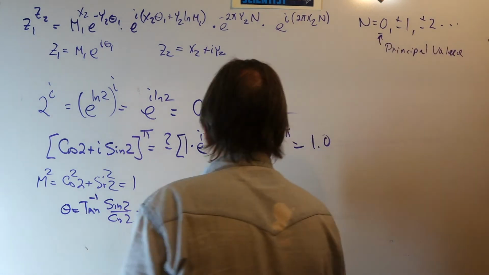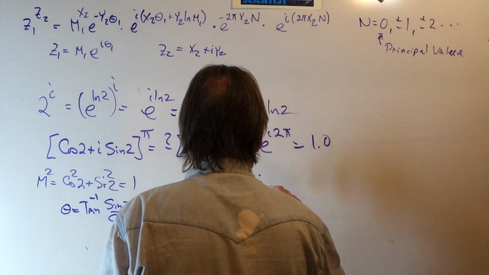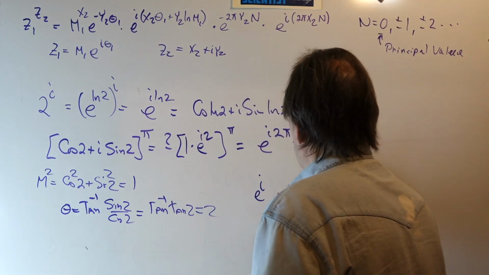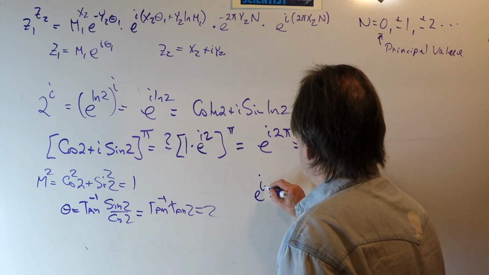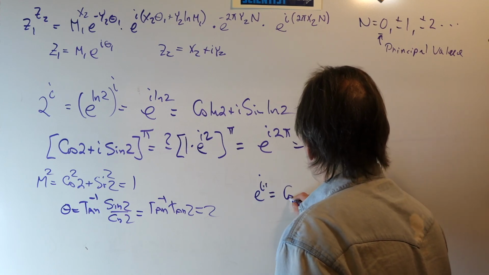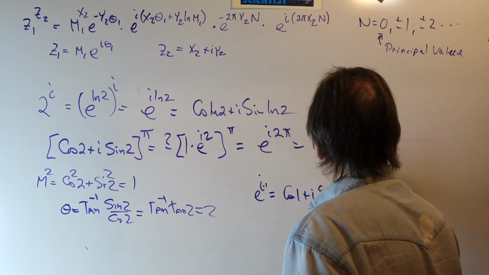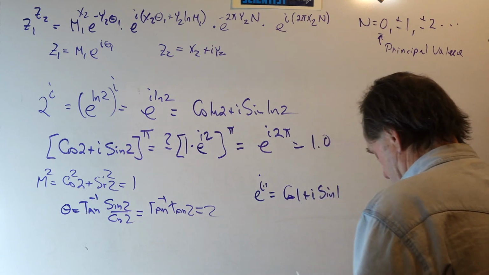How about something like e to the i power? We know that this is e to the i times 1, so this is the cosine of 1 plus i times the sine of 1.